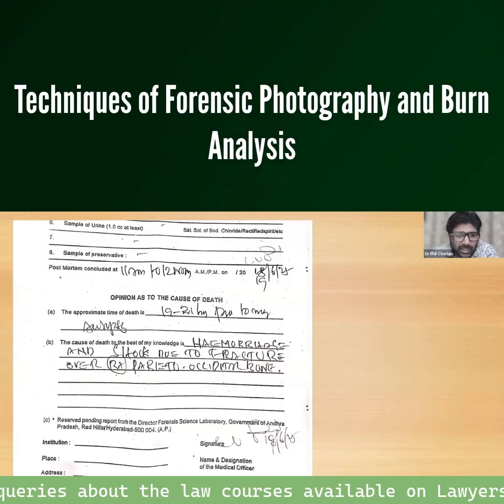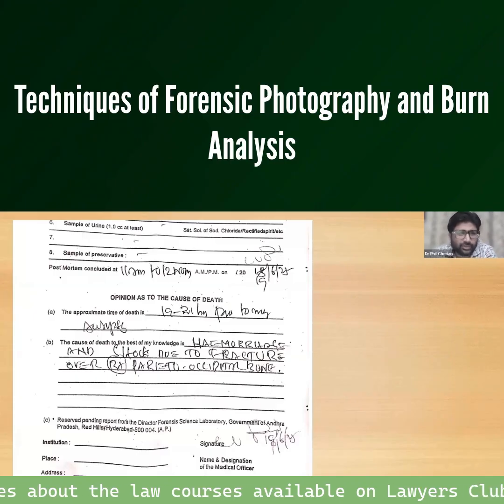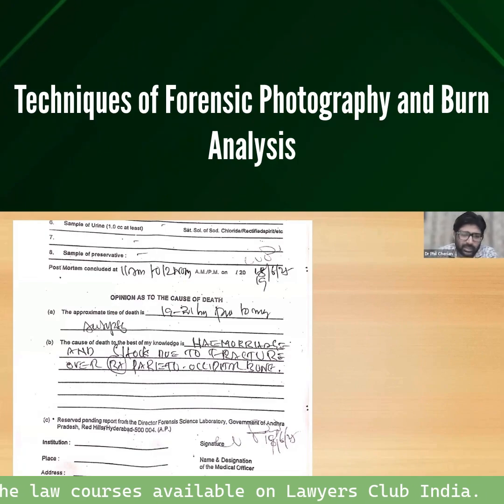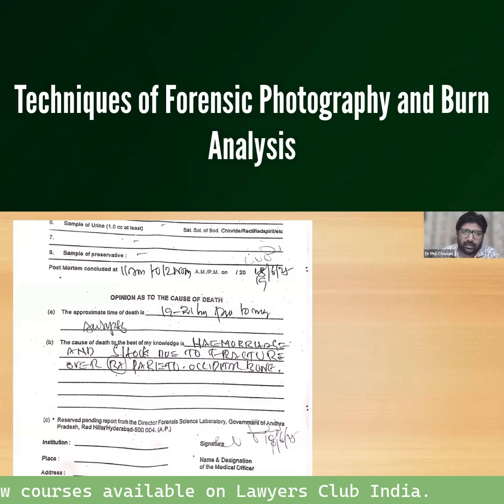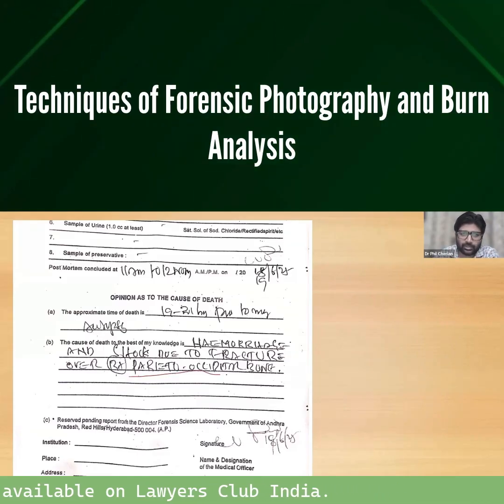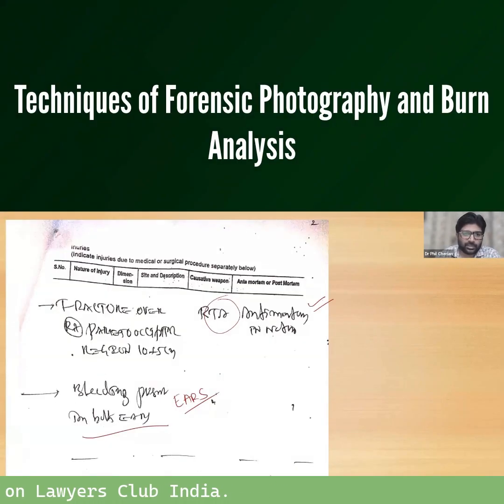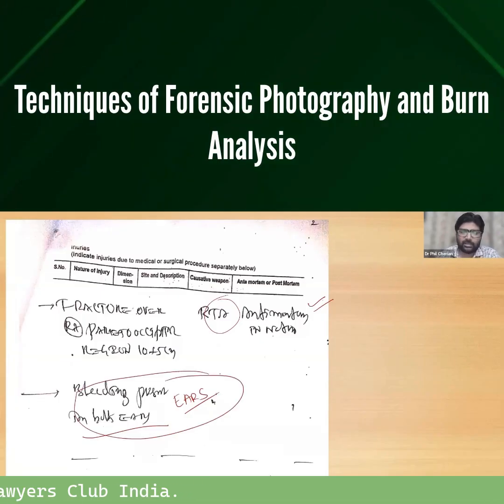Then the last part, it is saying hemorrhage and shock due to fracture over right parieto-occipital bone. That can be possible, and how? Hemorrhage because of the right parieto-occipital fracture. And if you remember, there was bleeding present in both ears.